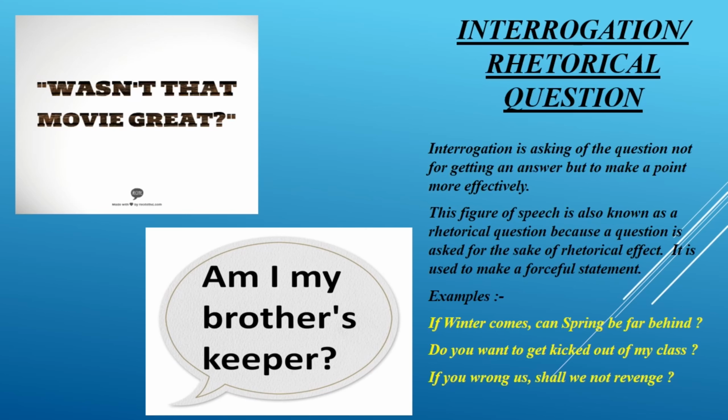The answer has already been assumed. We know what the answer is, but it is only being put in the form of the question in order to make it into a more effective or a forceful statement. When this is done by the writer or the poet, we call it making use of the figure of speech, interrogation.